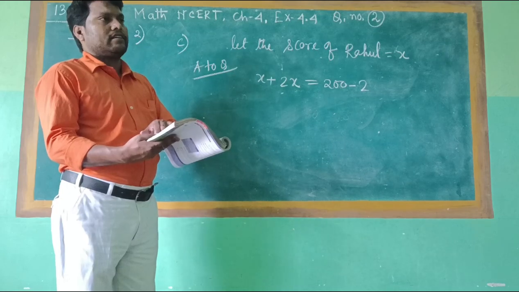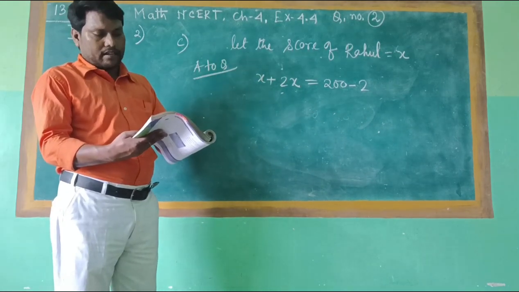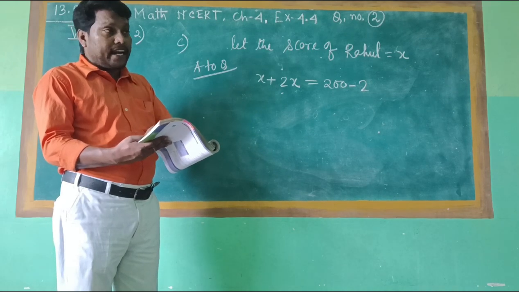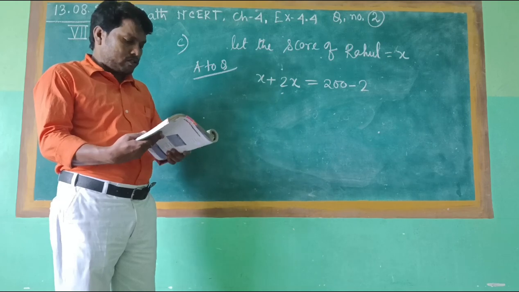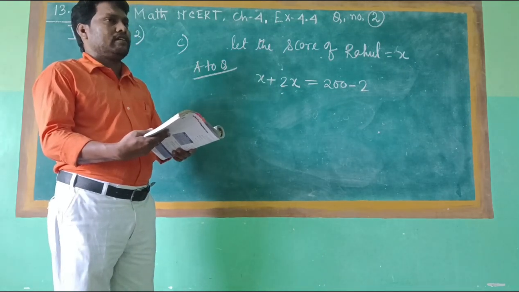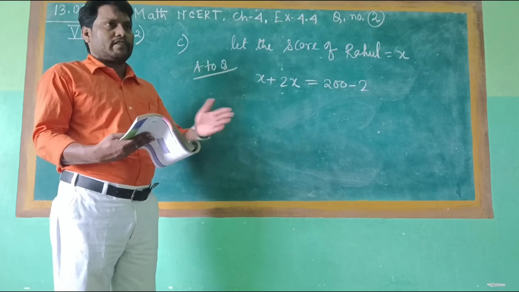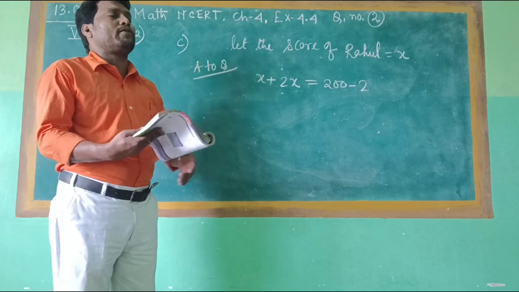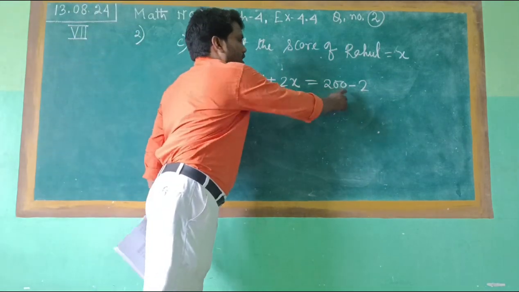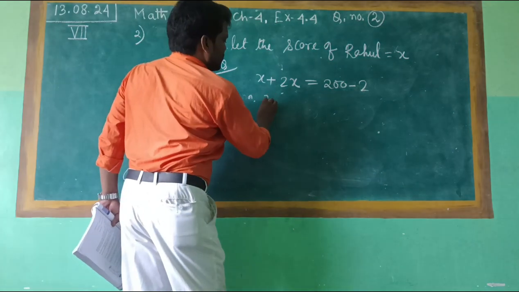So together, that means both Rahul and Sachin, their runs fell 2 short of a double century. That means 200 minus 2. Okay, now find the value of x.